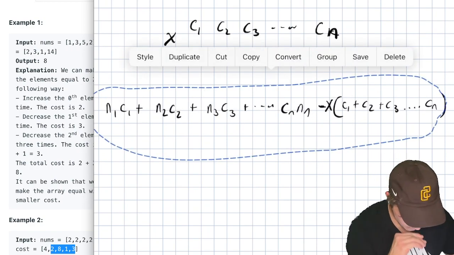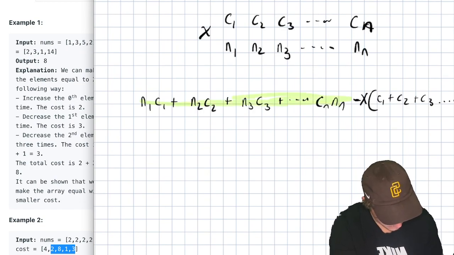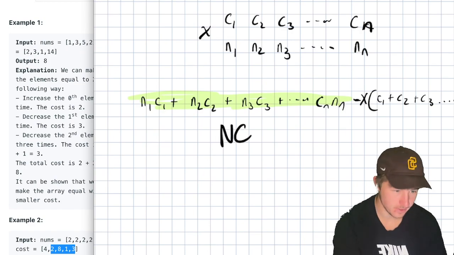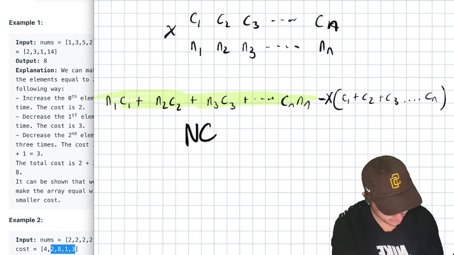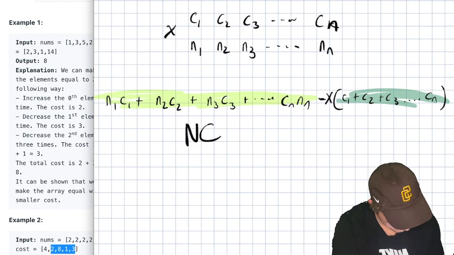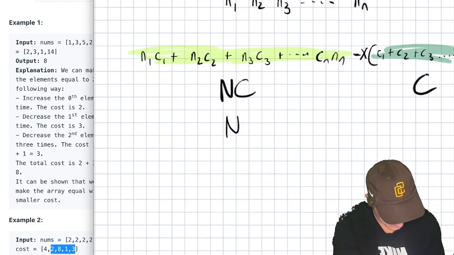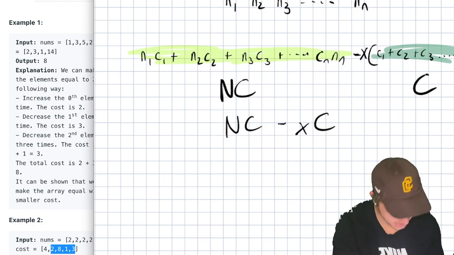So if I pre-calculate this at the beginning, I'll call that value big NC, so it's N times C. And if I pre-calculate this other value, I'll just call that C. Then this really just becomes: the cost of this is NC minus x times C. Does that make sense?